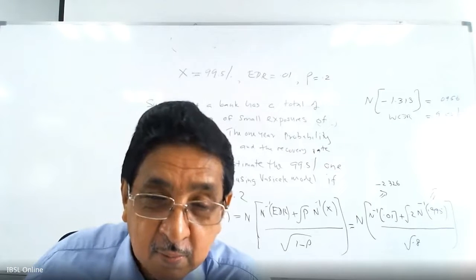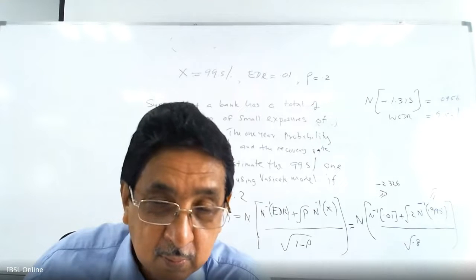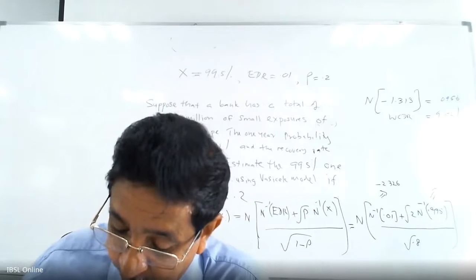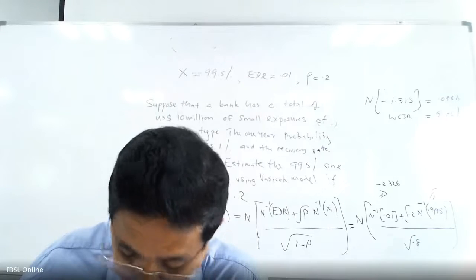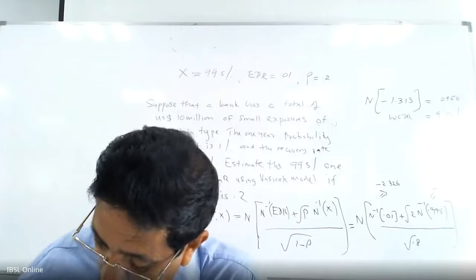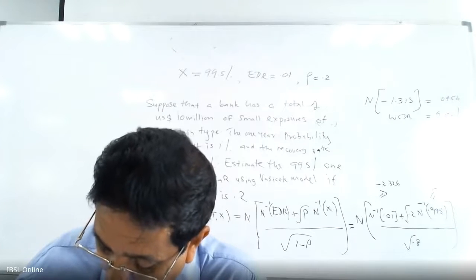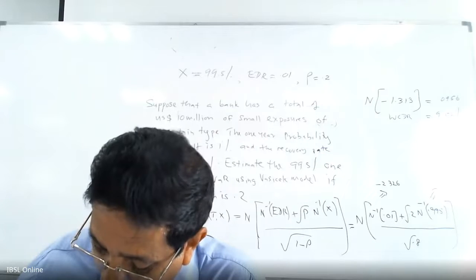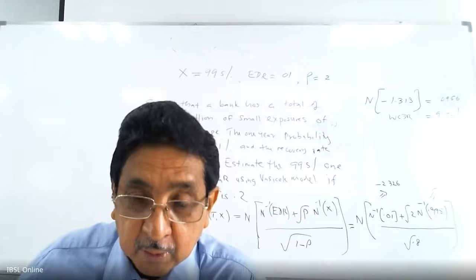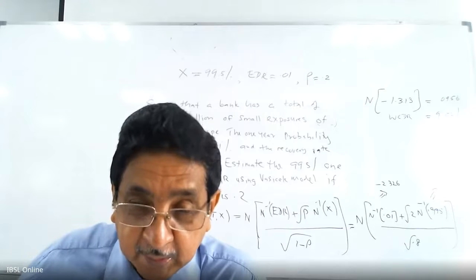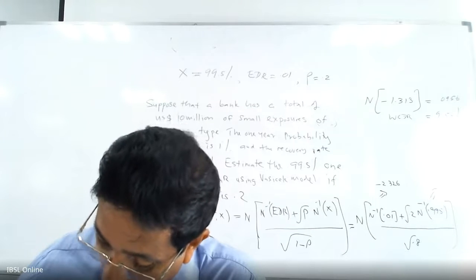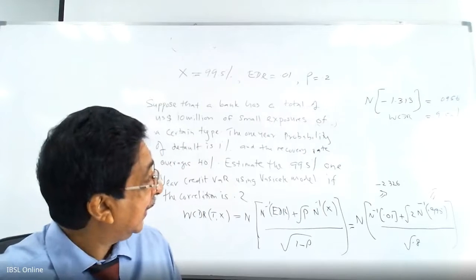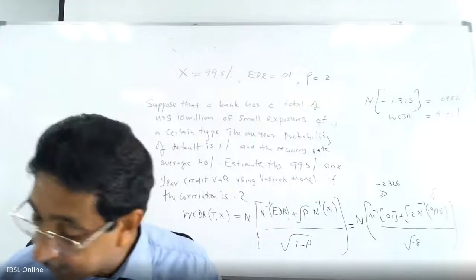Hiroshika, have you started doing it or have you tried to do it? Yes, sir, started. Right, good. Now we have only done the first part of the problem, because there are several other things to be done here. The worst case probability of default as per my calculation is 9.45.